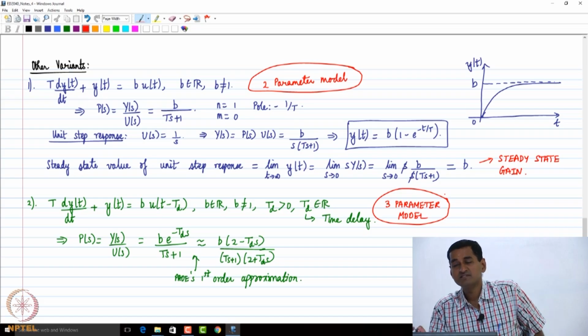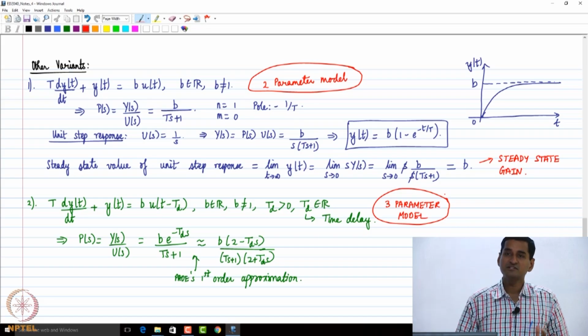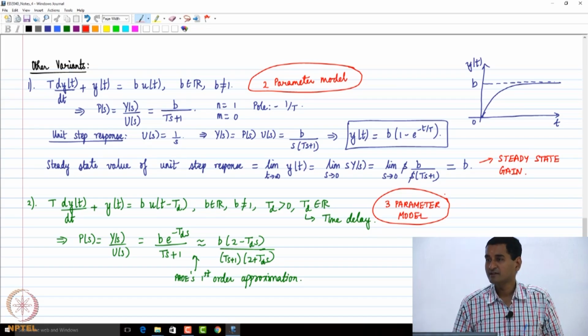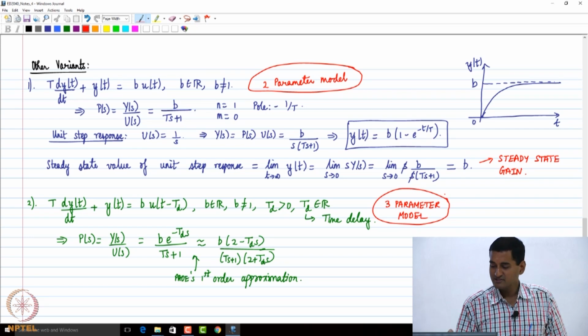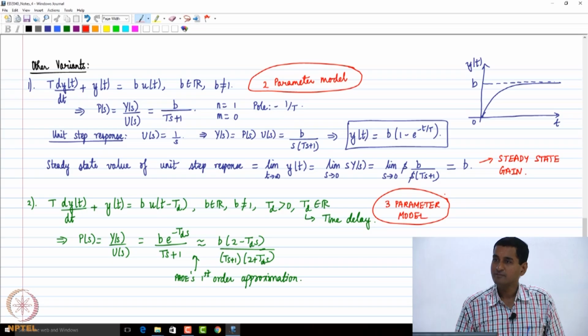So this people will call as a first order system with a non-unity gain and time delay. Some chemical engineering references will say first order process plus time delay. So that's a term which they will use. So this is the model which is used, and this is the transfer function which comes about as a result. So you see that you have 3 parameters too.